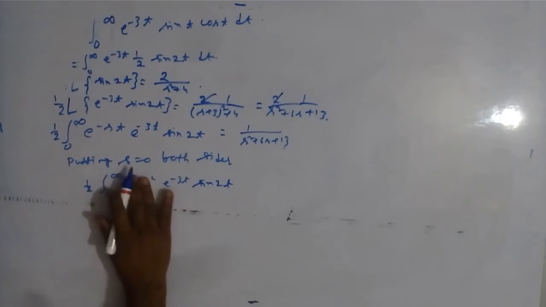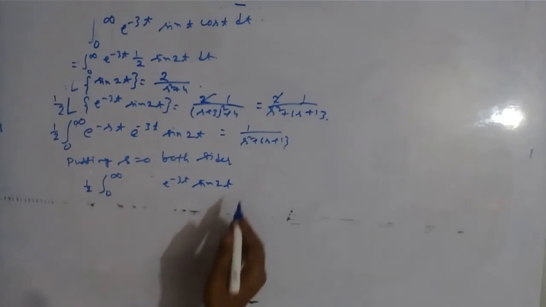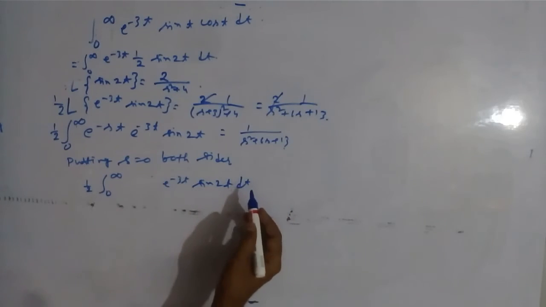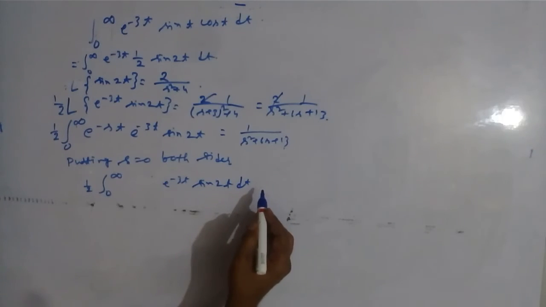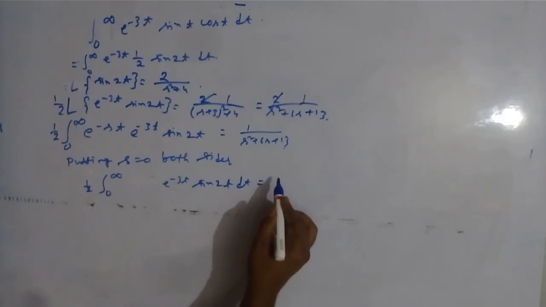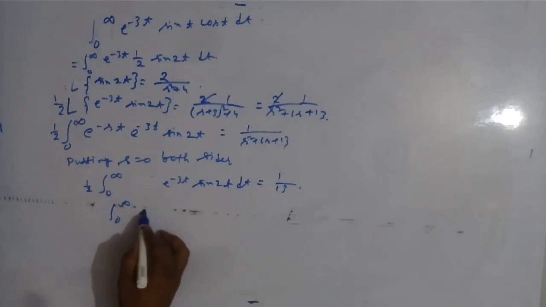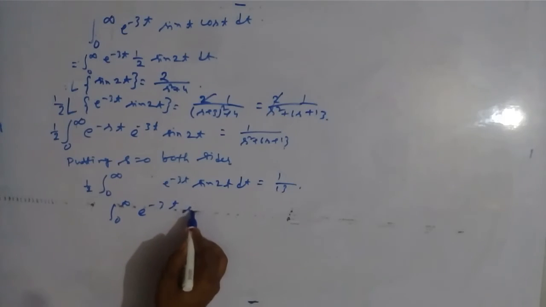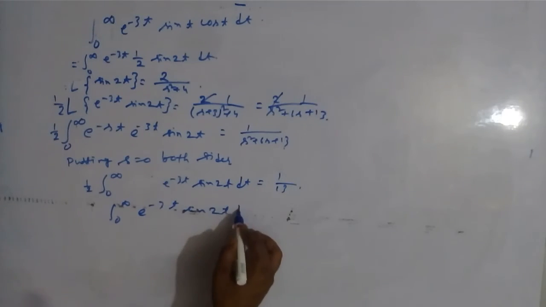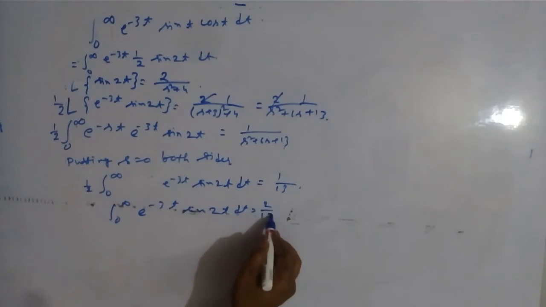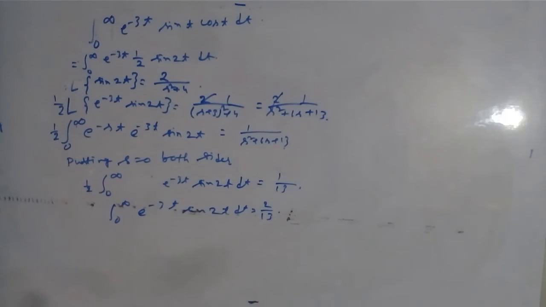After putting s equal to 0, it will be 1 by 13. Then the integration from 0 to infinity of e to the power minus 3t sin 2t dt will be equal to 2 by 13. So this is our required result. Now I'll go to the next problem.